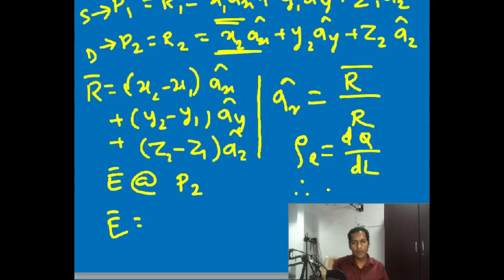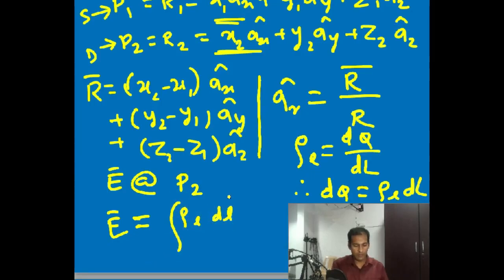Hence dq will be equal to rho L dl. So in our routine formula, in place of Q, we will write rho L dl. For the whole system, we have to take integration to find out the whole value. Divide by 4 pi epsilon naught r square into AR cap.